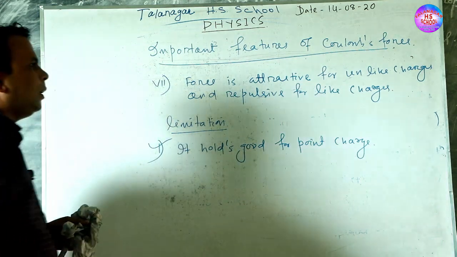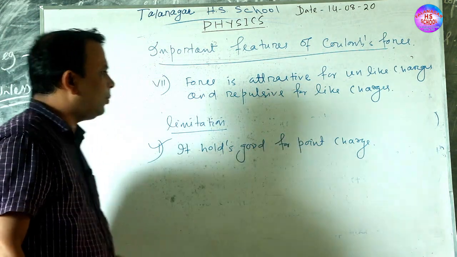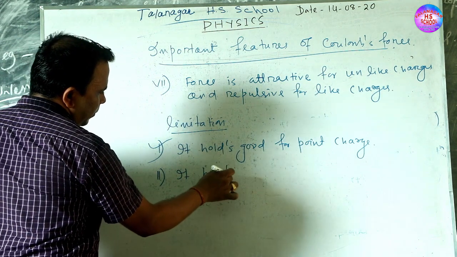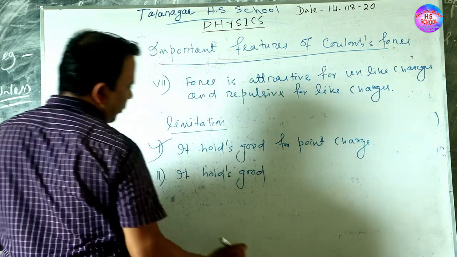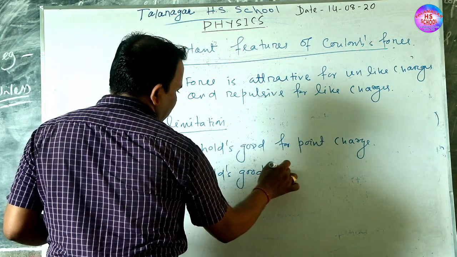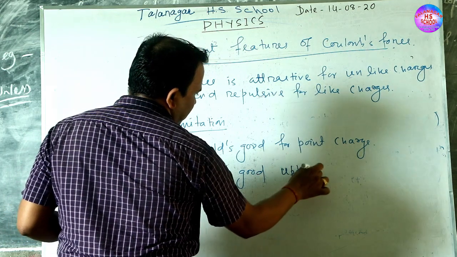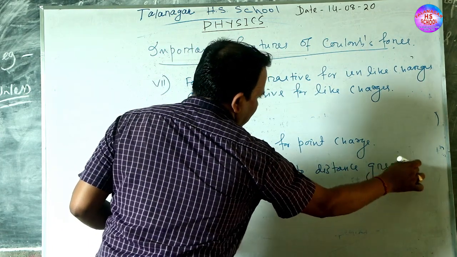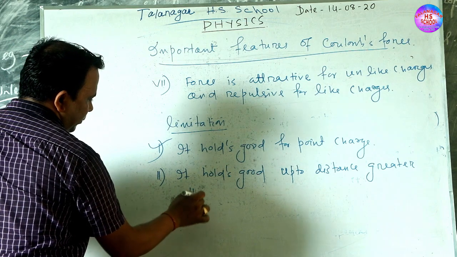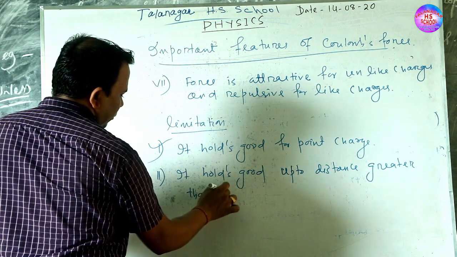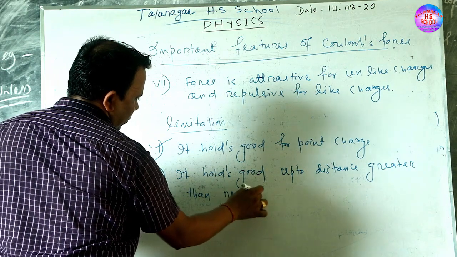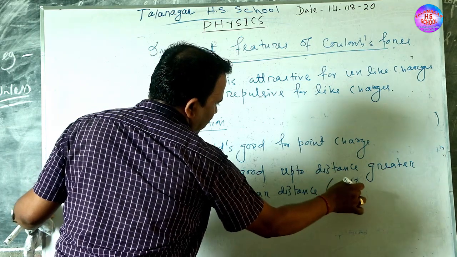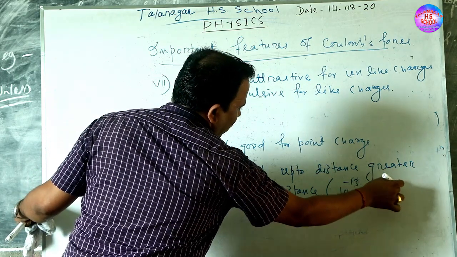It is an experimental law, meaning it holds good only for point charges, and also it holds good up to distances greater than the nuclear distance, 10 to the power minus 13 centimeter or 10 to the power minus 15 meter.